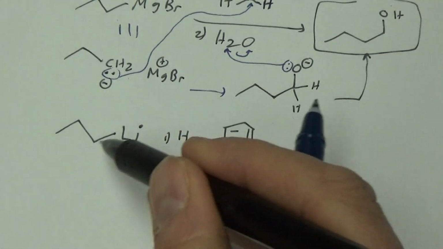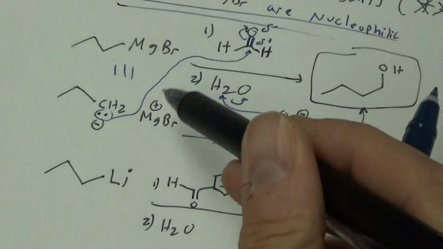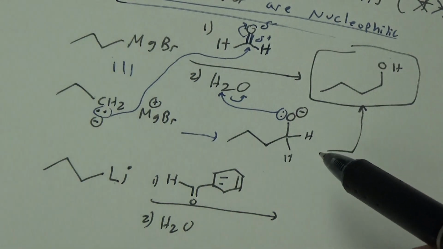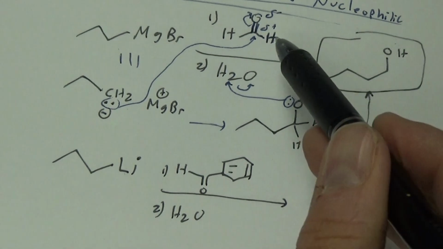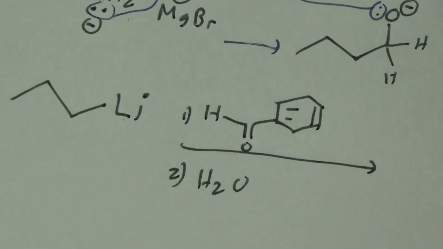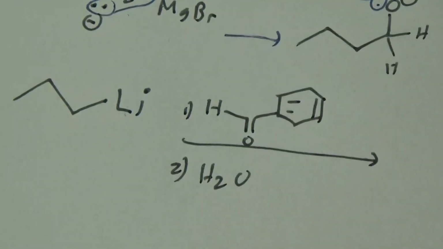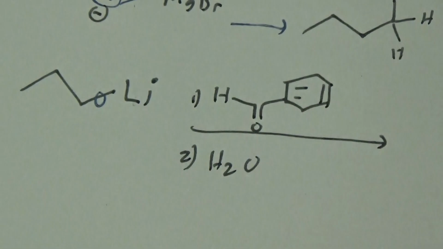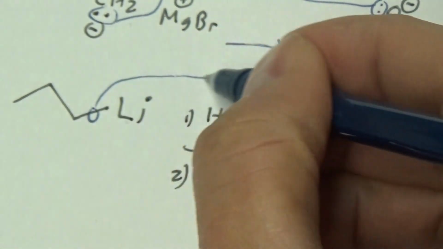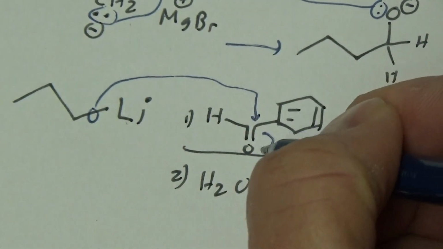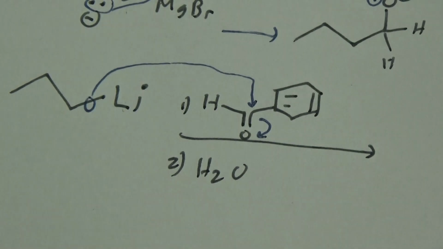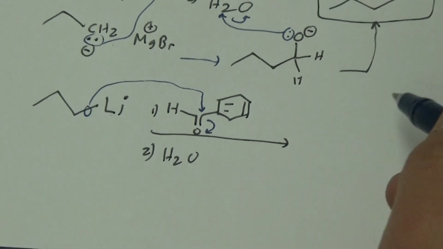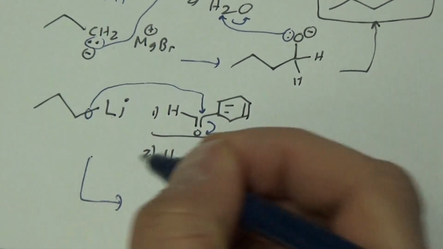So this 3 carbon organolithium, and Grignards and organolithiums do the same thing. They also attack, in addition to formaldehyde, normal aldehydes. For this one, I'm just going to circle the bond, because the bond is nucleophilic. And then draw the intermediate and then the final product.